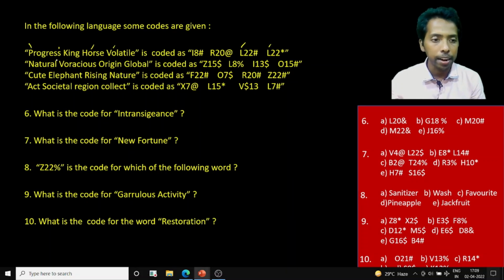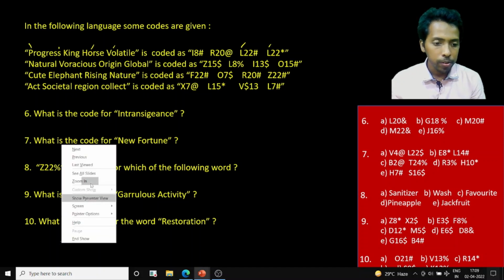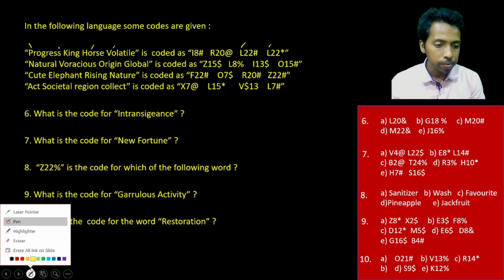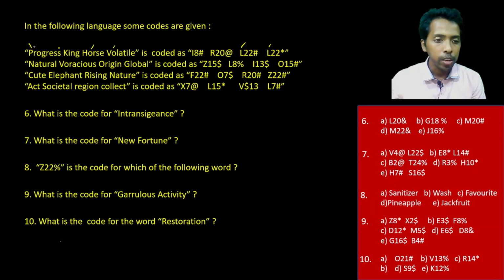Here it's R, this is I, this is O, this is O. In both these cases, opposite of O is L, and opposite of I is R. Here it's satisfying. Opposite of R is I.